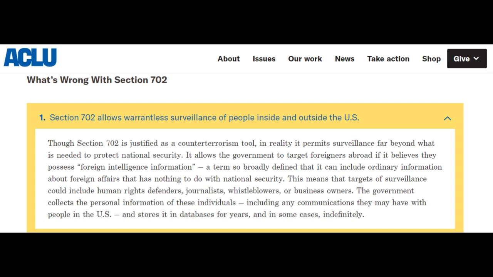This means that targets of surveillance could include human rights defenders, journalists, whistleblowers, or business owners. The government collects the personal information of these individuals, including any communications they may have with people in the U.S., and stores it in databases for years, and in some cases indefinitely.